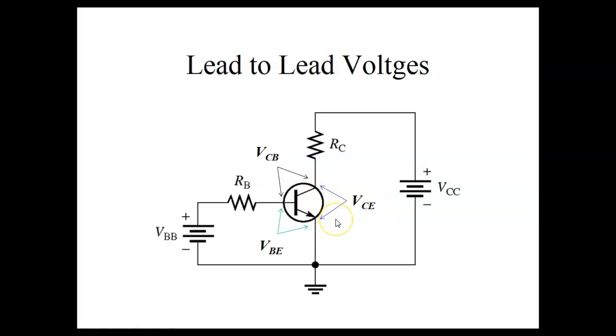VCE is probably the most important one because this tells us if the transistor is saturated or cut off. So when we talk about less than 1 volt, equal to VCC, or in between, we're talking about this measurement right here. This measurement tells us the region that the transistor is operating in.